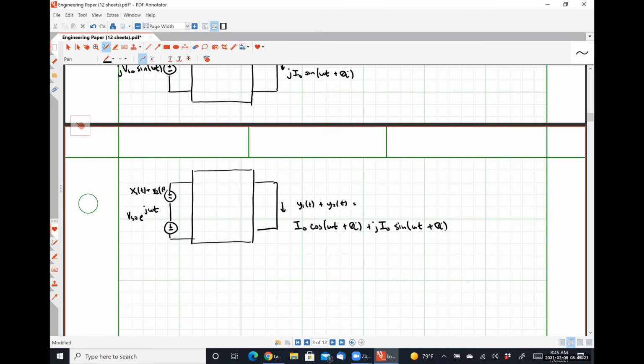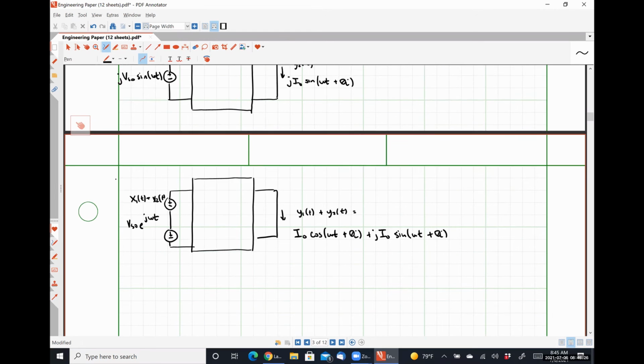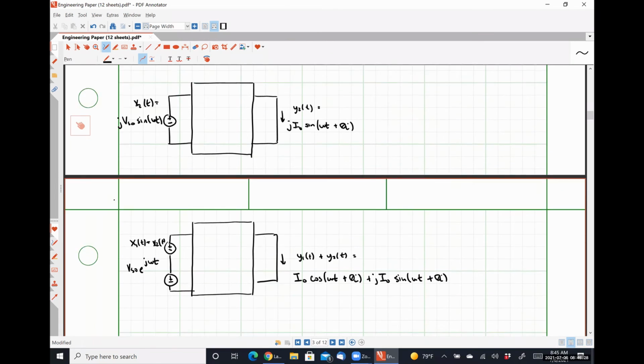So what is incredibly interesting about this is that based on our experience of working our way through these things, the real part of the output is due entirely to the real part of the input, and the imaginary part of the output is due entirely to the imaginary part of the input.